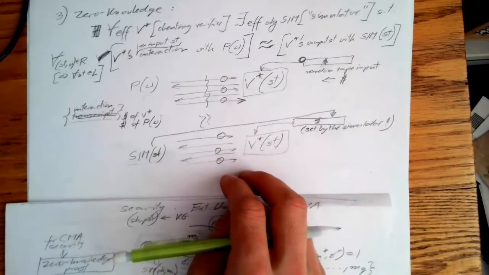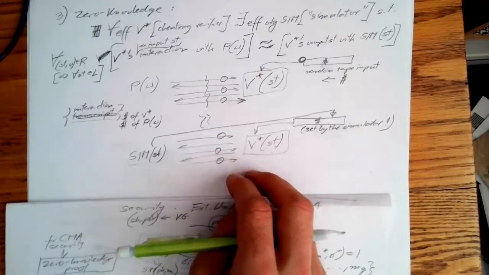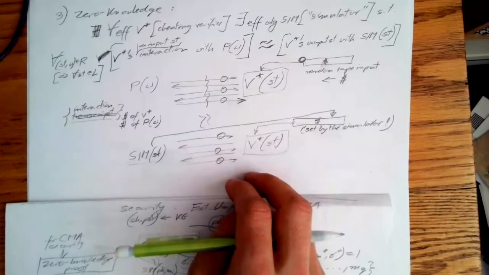There are interesting cases of more efficient non-interactive zero knowledge proofs that come from bilinear maps.